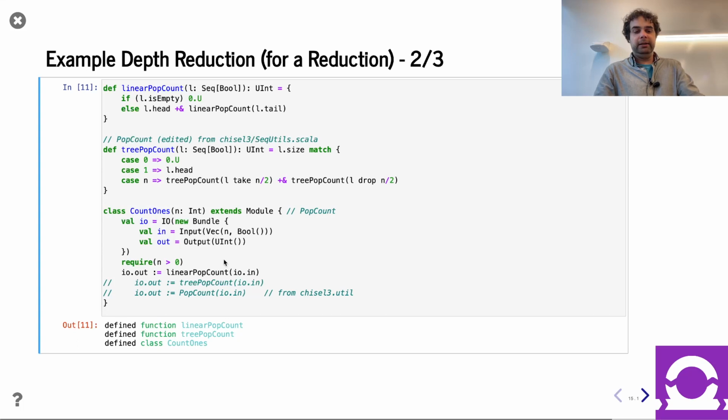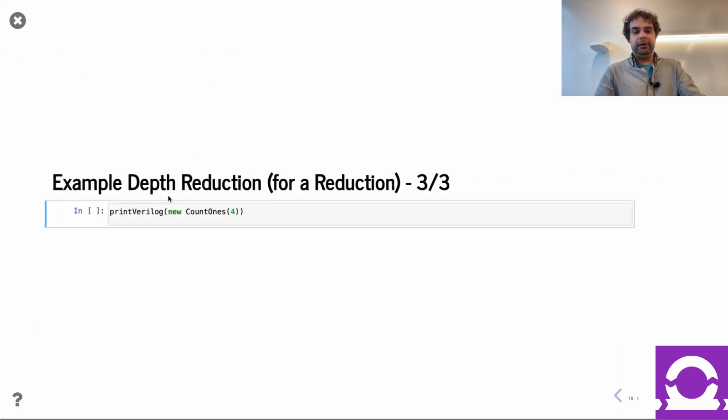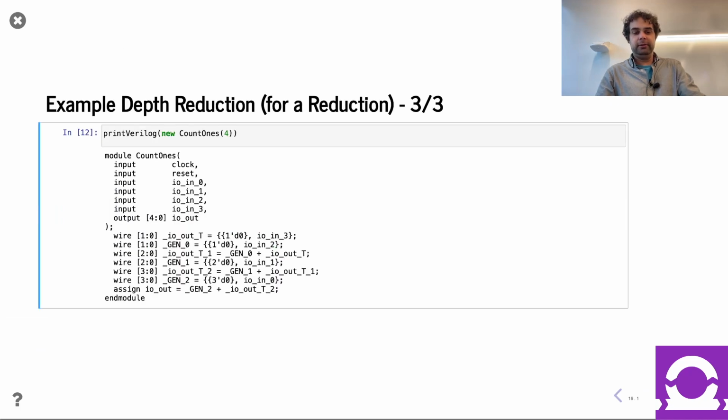Okay, we right now are using the linear pop count. So if we go ahead and now look at the Verilog for this, here's what we see. If we're doing a depth 4 thing, it's going to have our 4 bits coming in, and we're going to keep adding them up. Because we're doing the non-truncating addition, you can see the width is actually growing.